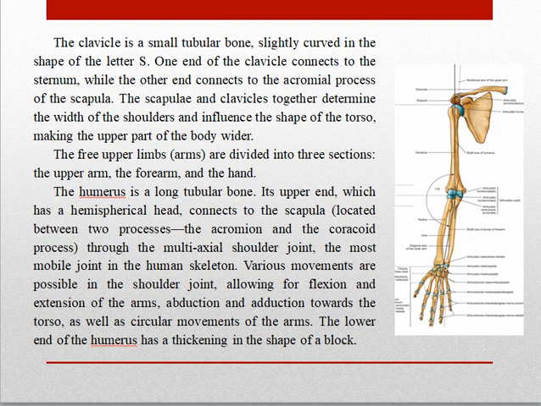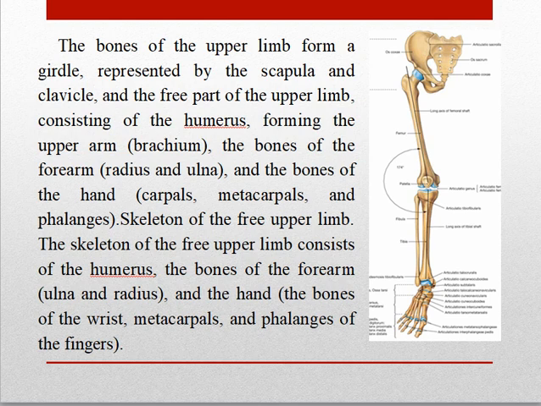The lower end of the humerus has a thickening in the shape of a block. The bones of the upper limb form a girdle represented by the scapula and clavicle, and the free part of the upper limb consisting of the humerus, forming the upper arm, the bones of the forearm, radius and ulna, and the bones of the hand, carpals, metacarpals, and phalanges.